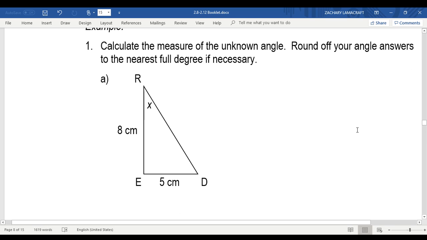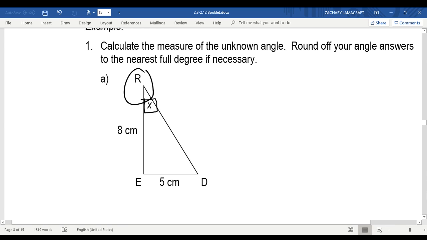So by looking at this right angle triangle, what angle is in question here? Exactly. We're looking at this angle right there, and the diagram shows that we're going to use X as that angle.